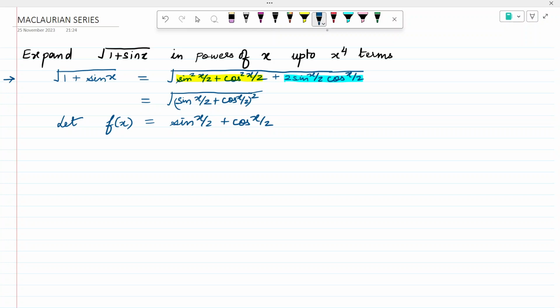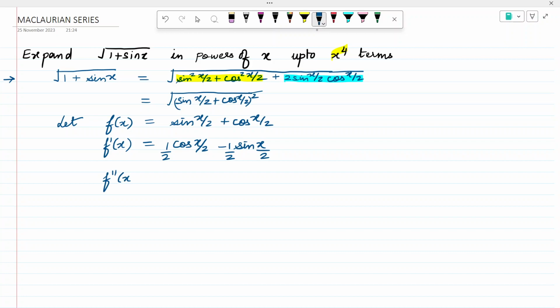Now the question asks you to expand it up to the term x raised to 4. So you're expected to find 4 derivatives. So we'll start with f dash. The derivative of sine is cos. And because of this x by 2 by chain rule, I'll get a 1 by 2. Derivative of cos is negative sine. And because of the x by 2 by chain rule, I'll get a 1 by 2 again.